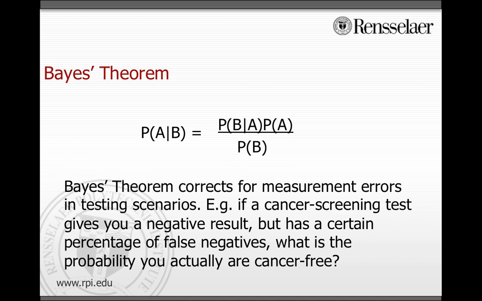For example, a cancer screening test will have a certain percentage of false results, either telling people they have cancer when they don't, or vice versa. Which is obviously a little bit risky. And so Bayes' theorem allows us to say that with a test result of negative, there is X percentage that you are actually cancer-free based on the accuracy of the cancer screening test involved.